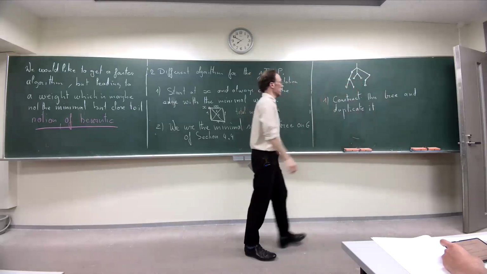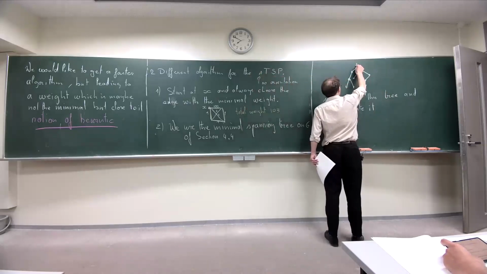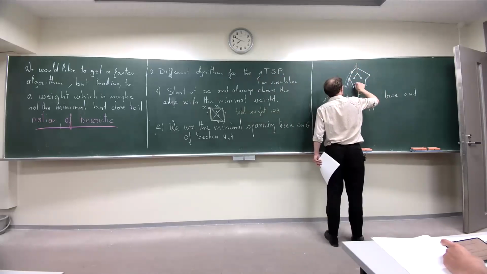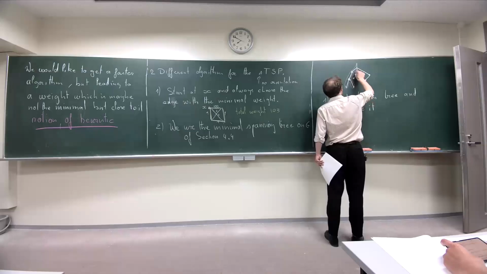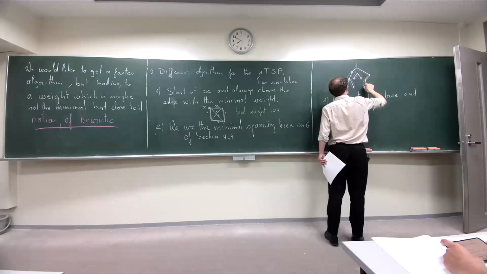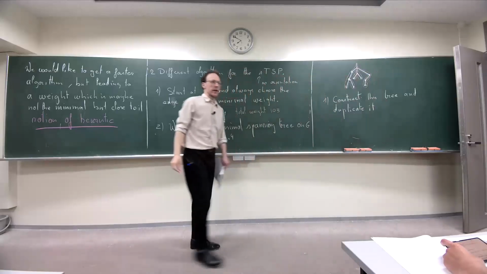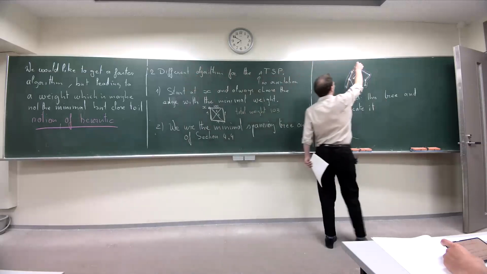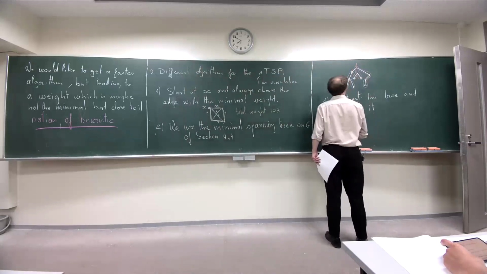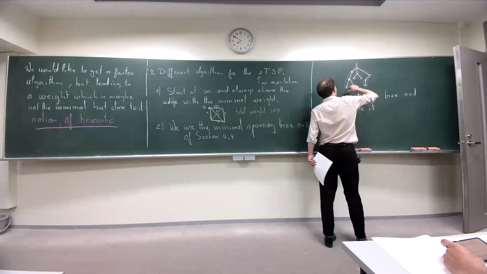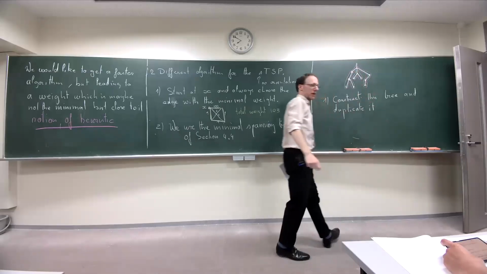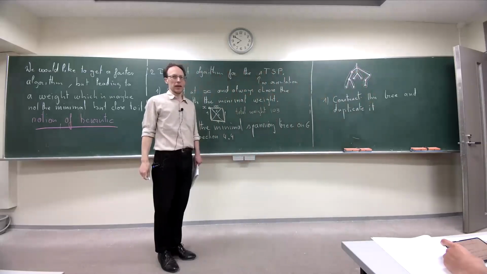Okay, this is my tree. What I mean by duplicate, I construct something like this. I duplicate, so it means I consider one way to go down along one path and one way to go back along the other one. We duplicate it.